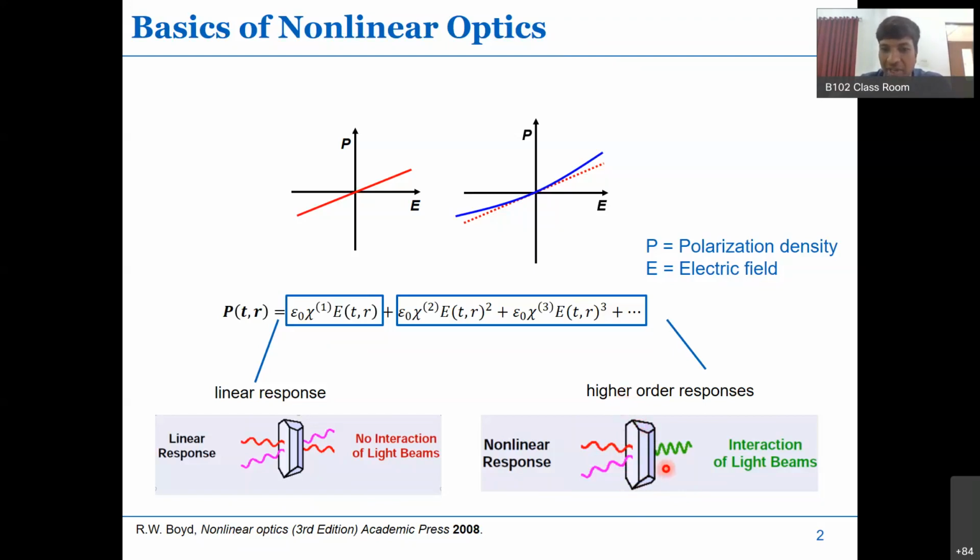Okay, so in the case of multiphoton absorption, what do we expect? You have two photons combining within the solid matter interaction, and then you produce a new photon, which is the combination of these two photons. So you are combining the two photonic energies and producing a new photon.